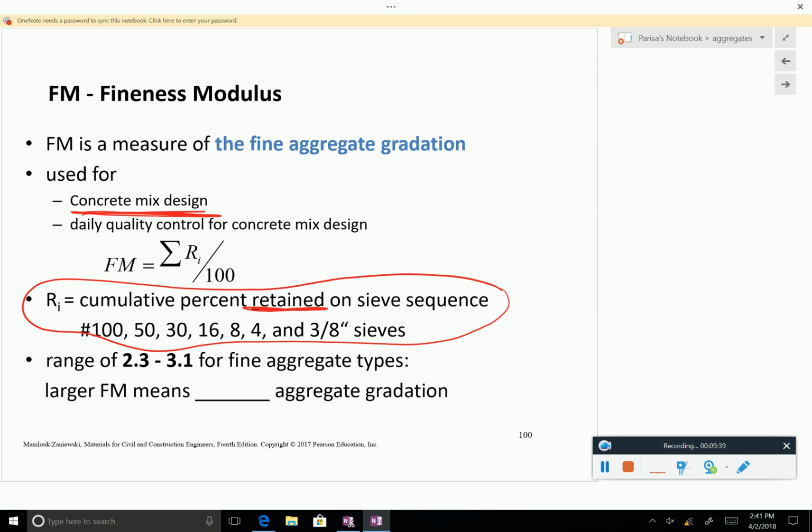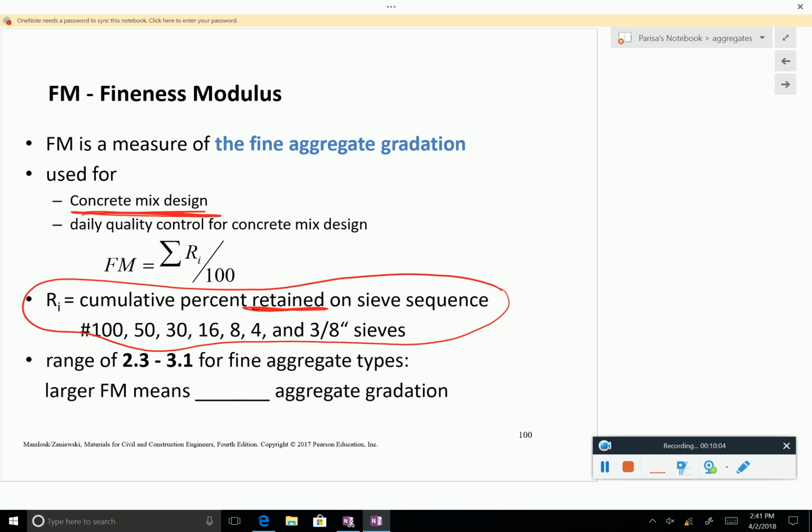We are talking about fine aggregates. All of them are smaller than number 100, so they are not large aggregates. But among those, what does it mean? If you have a fineness modulus of 2 or 3, which one is finer? The smaller is finer. So the larger it is, it means that you have more retained.